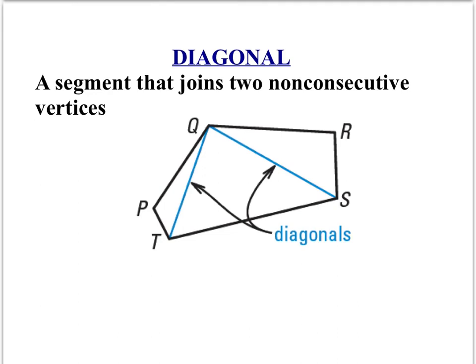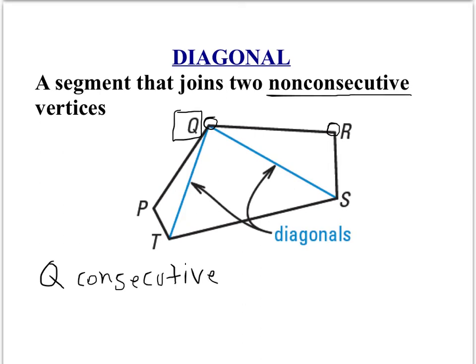So let's talk about diagonals. A diagonal is a segment that joins two non-consecutive vertices. So we know vertices are the ends of the side, so it needs to join two non-consecutive ones. When I mean non-consecutive, I mean it can't be, if we're talking about Q, the vertices that are consecutive with Q would be P and R. So non-consecutive could be any other one.